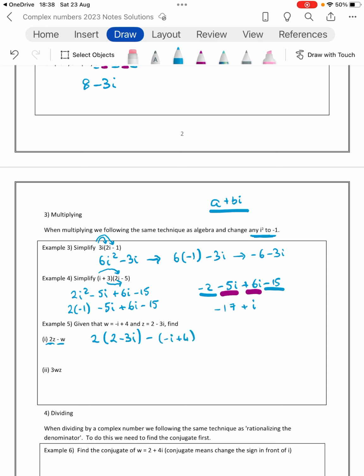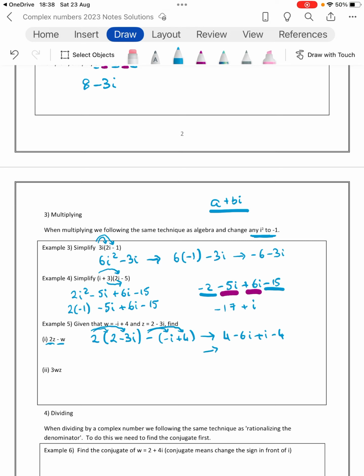Now I've put that in a bracket to make sure that my signs don't go wrong here, because remember there is a minus at the front. And now I just go back to multiplying like I did at the top. So when I go to multiply this out, I'll do 2 by 2, and I'll do 2 by minus 3i. So it's going to be 4 minus 6i, and then that minus by the minus i and by the plus 4, and I'll have a plus i and a minus 4.